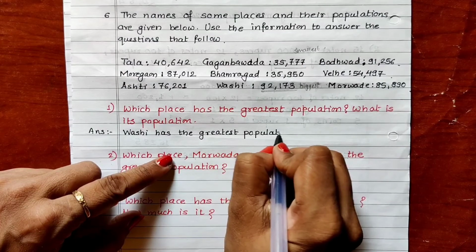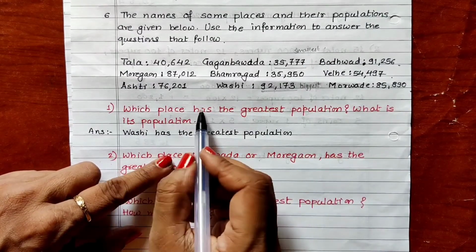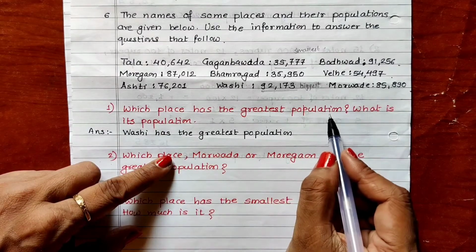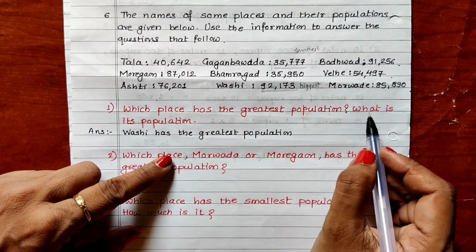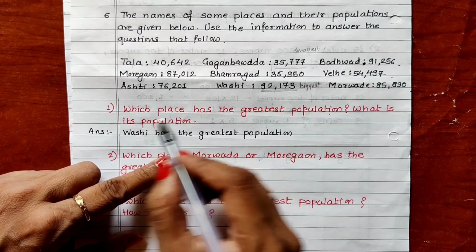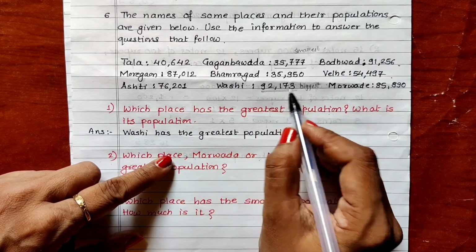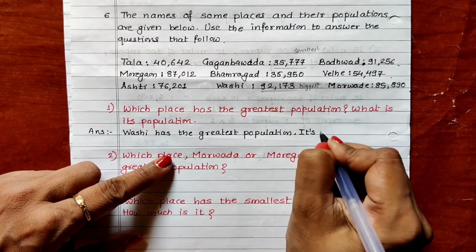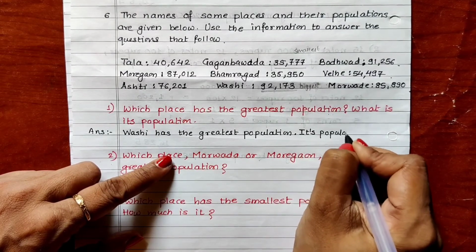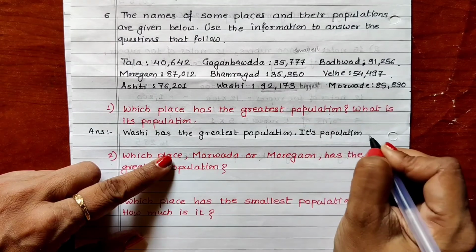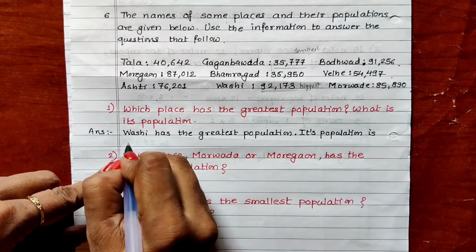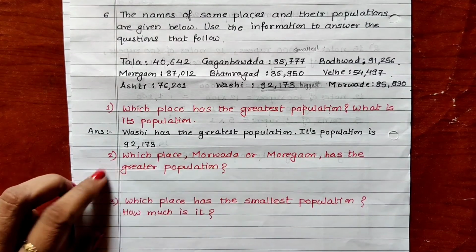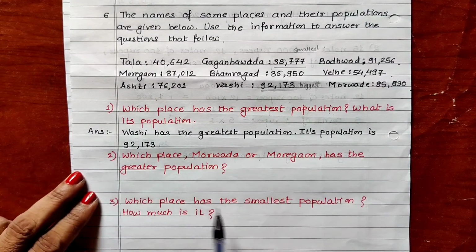There are two questions in this single question, correct? The first is which place has the greatest population, and the second is what is its population? Its population is 92,173.